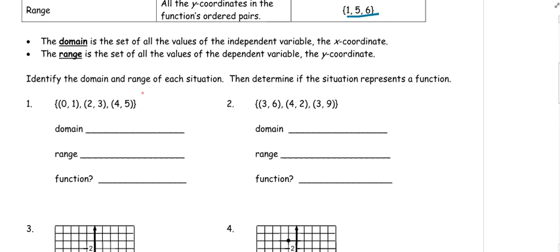So identify the domain and range of each situation, then determine if the situation represents a function. The proper way to write this is using braces, the curly braces. So the domain would be your x values, which are 0, 2, and 4. And your range is your y values, 1, 3, and 5.